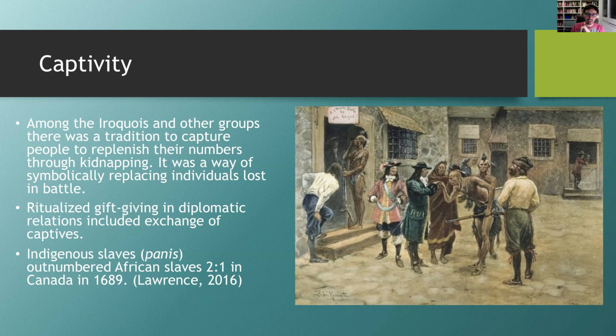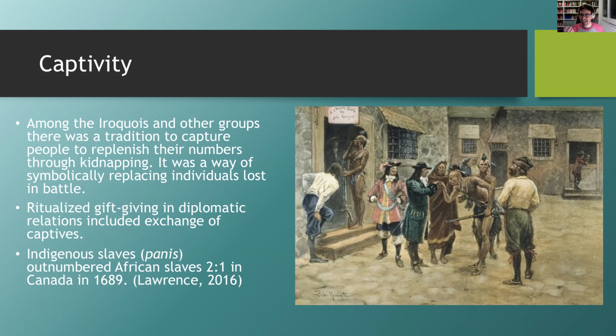So this reality eventually led to the fact that by 1689, indigenous slaves, they will call the Panis, that's a French interpretation of the term Pawnee, the indigenous group, the Pawnee, they actually outnumbered African slaves 2 to 1.